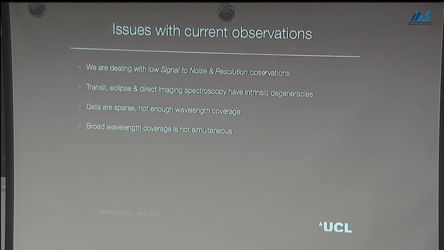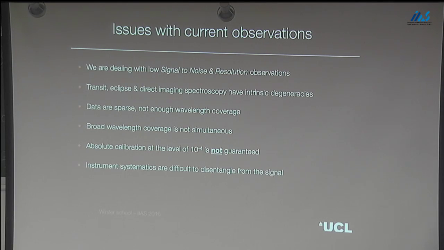The atmosphere might change. Of course, we know that brown dwarfs show variability, and so we expect that these objects, as planets, might also show some variability. I already mentioned that absolute calibration at the level of 10 to the minus 4 is not guaranteed today. And again, there is a caveat when we want to combine observations at different wavelengths taken at different times.